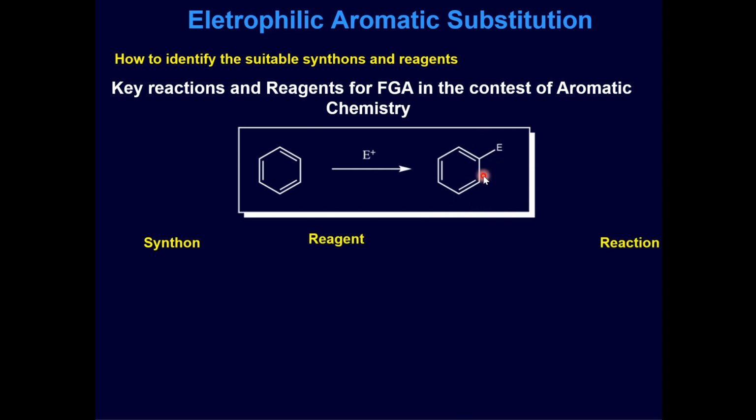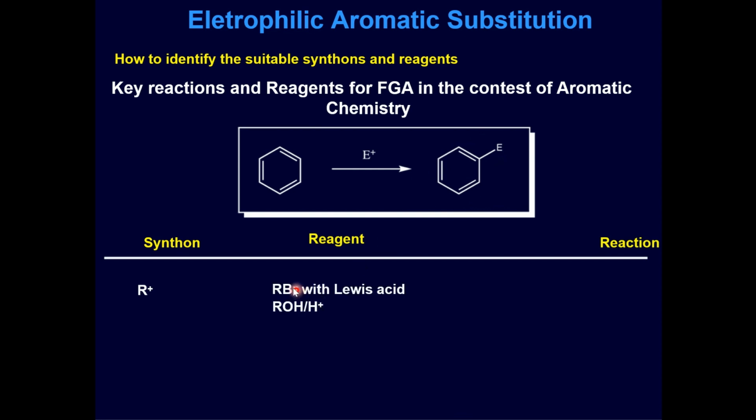When I want the synthon E plus as R plus, what is the reagent I should use? I should use alkyl halide. Alkyl is combined with halide group. Halogen being electronegative pulls the electron, renders this R positive, and that's why I get R plus as synthon.